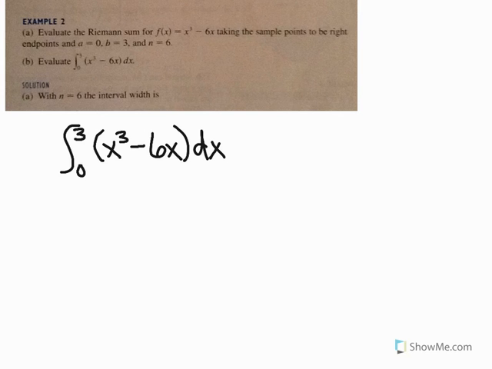So I'll give you the real quick rundown on how to evaluate a definite integral. You can find these properties, the properties are kind of the rules, on page 307 of your text.